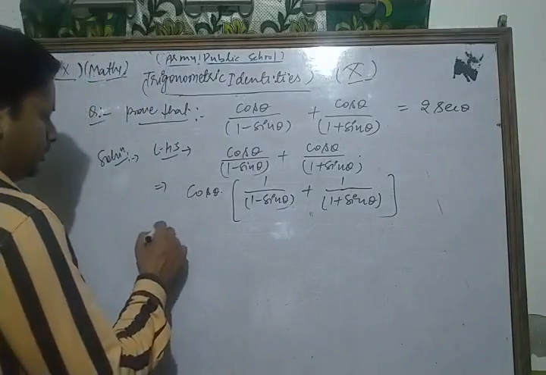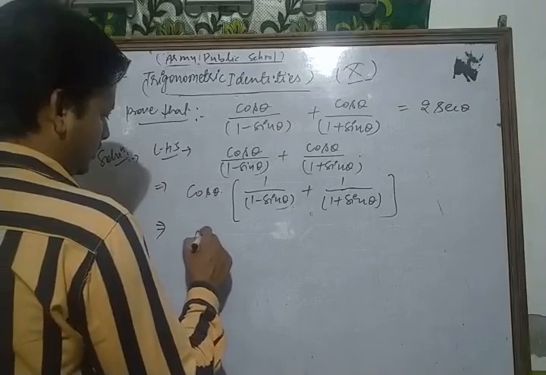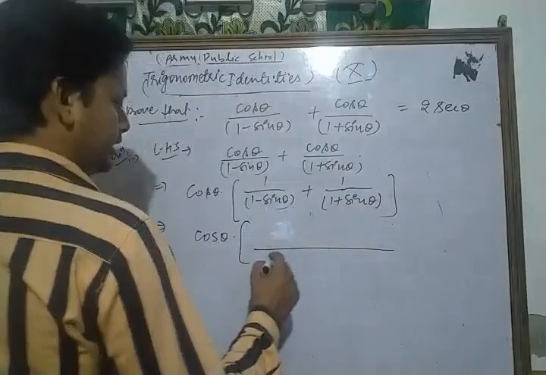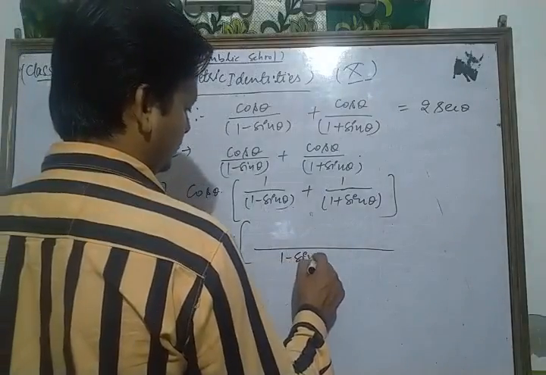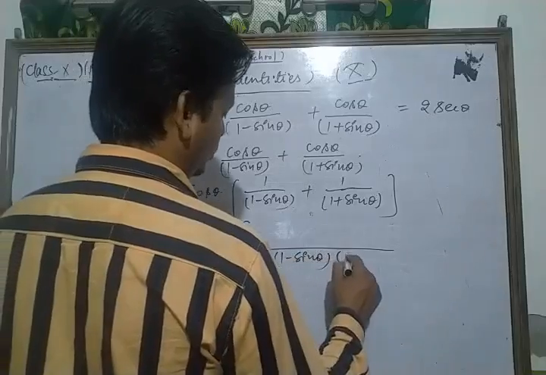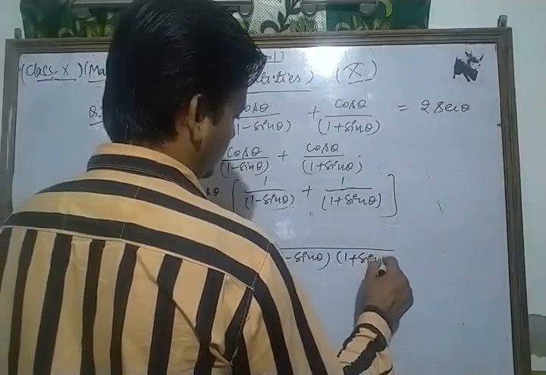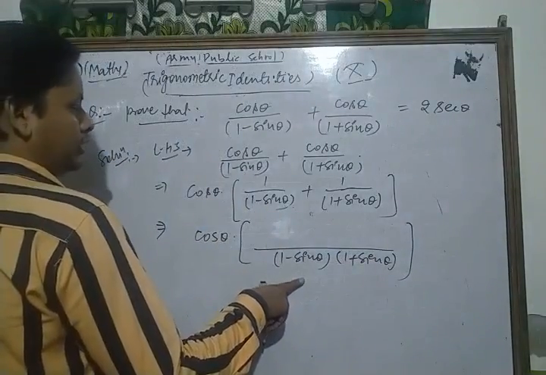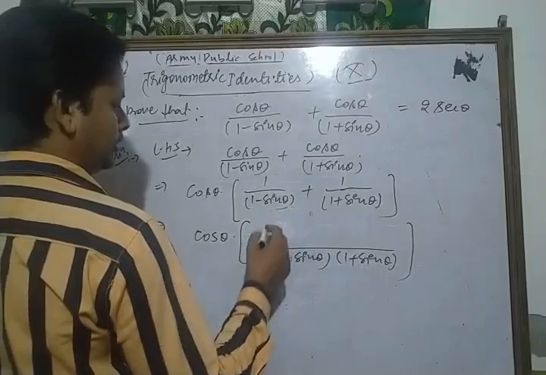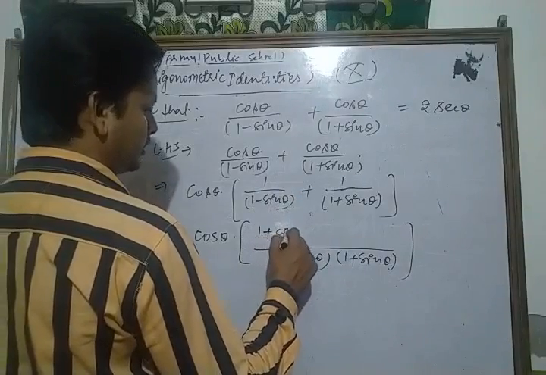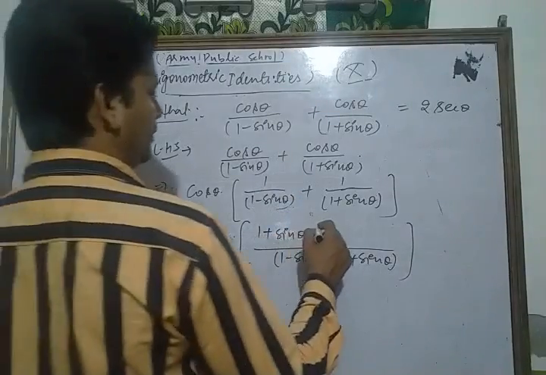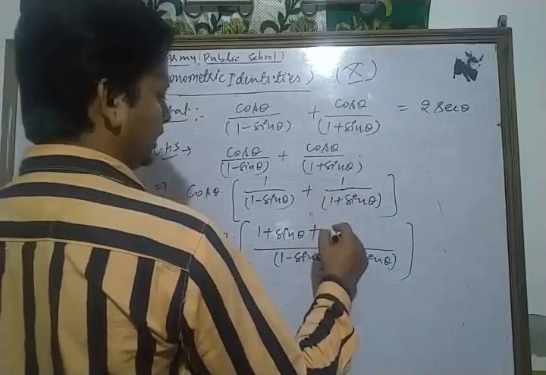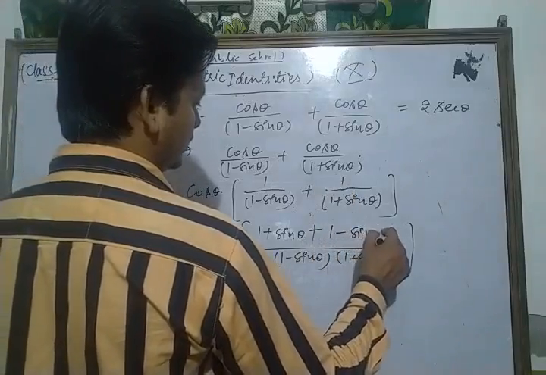So we get the denominator as 1 minus sin theta into 1 plus sin theta. In the numerator, 1 minus sin cancels, so 1 plus sin into 1 is 1 plus sin theta, and 1 plus sin cancels, 1 minus sin theta into 1 is 1 minus sin theta.